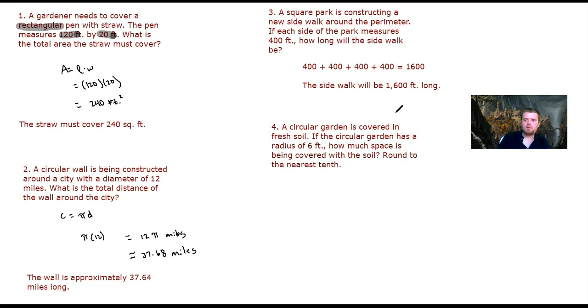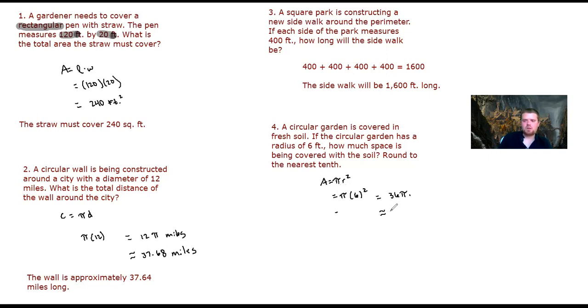I'm looking for area because I'm asking for how much space. Area of a circle is pi r squared. Plugging in the radius, pi times 6 squared. That gives me 36 pi. Specifically, it's asking me to round to the nearest tenth. So my first step would be to use the pi key on my calculator, or 3.14 as an approximation.